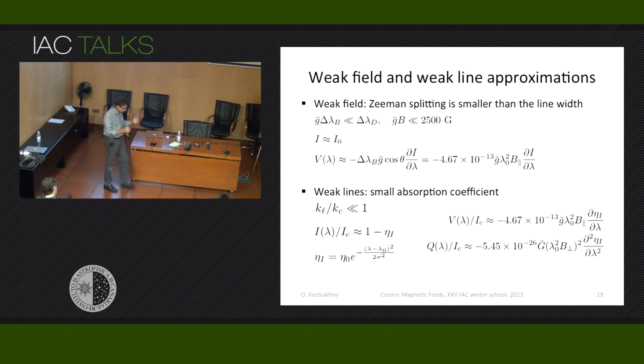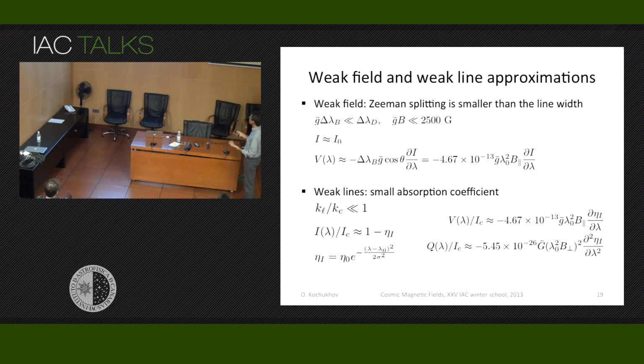Now, let's go even further. Let's simplify things more significantly. And one very common simplification that is introduced is to say that my magnetic field is so weak that the Zeeman splitting is negligible compared to the intrinsic line width.